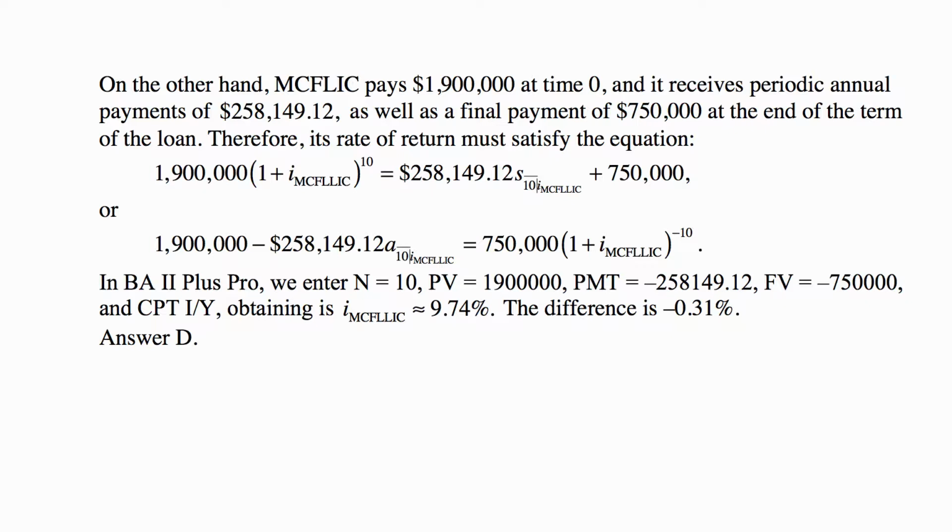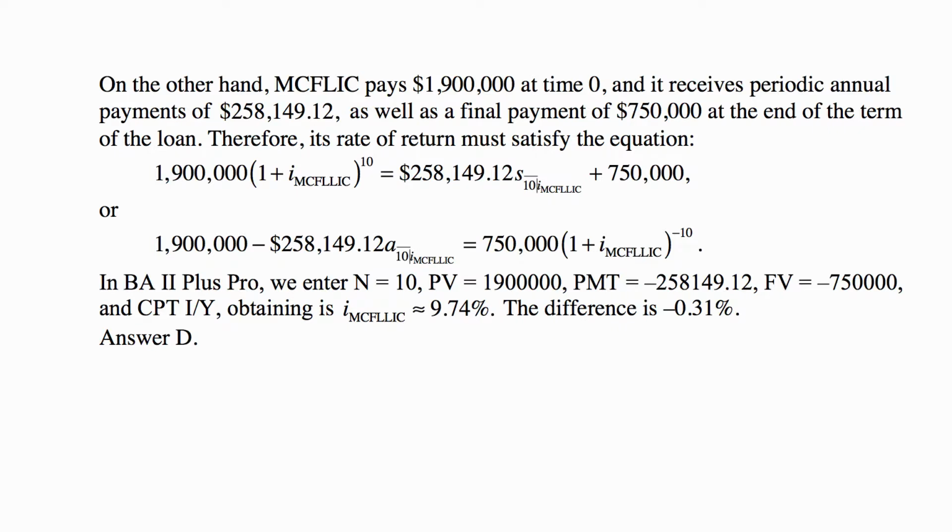So its rate of return must satisfy this equation: invest 1,900,000 at their rate of return, which I call I MCFLIC, taken to the 10th because it is a 10-year loan, and that has to be the same as the accumulation of the payments, 258,149.12 over 10 years plus the 750,000 they get at the end. So in return for 1,900,000, they get these payments on the other side.